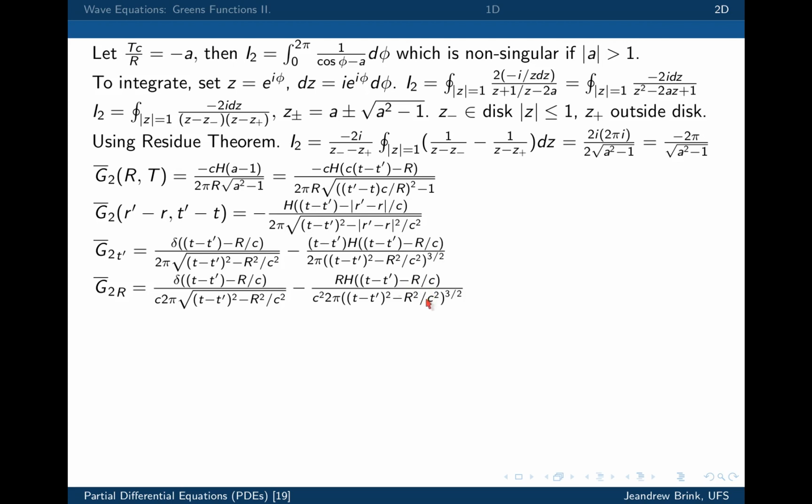And the reason I wrote that down is that I actually want to express, and it's going to become useful later, this Green's function's derivative with respect to t prime as a delta function plus a spatial derivative. So that's just an identity I wanted to give that comes from straightforward differentiation. But if you're in the thick of the rest of the problem, it's harder to see.